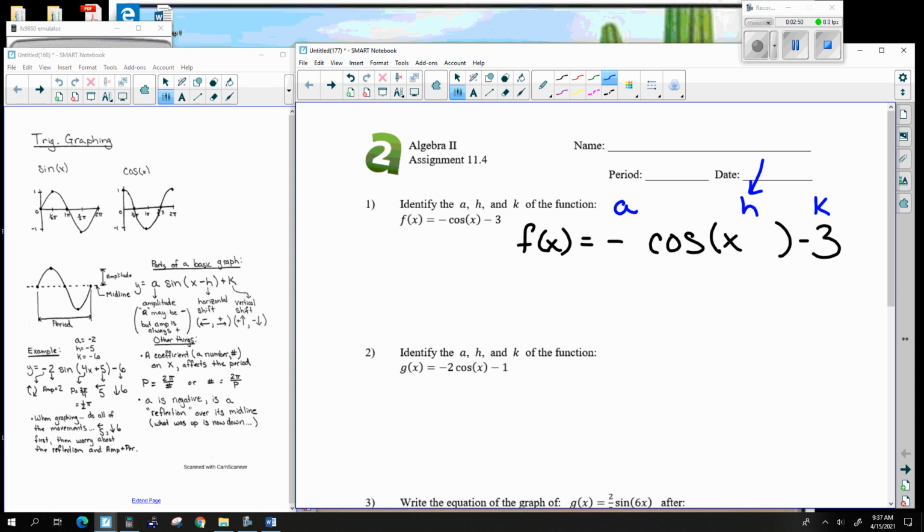All right, so I do have some missing numbers. So there's a 1, there's a +0. All right, so I see that the a in this situation is -1. The h is -0, it's 0, and then the k is a -3. A, h, and k, easy money.